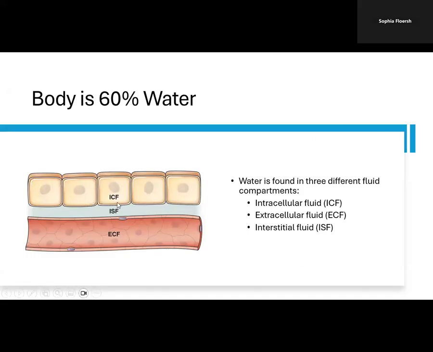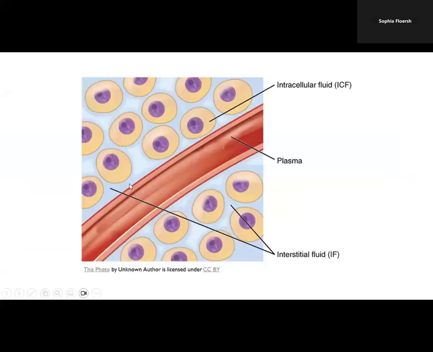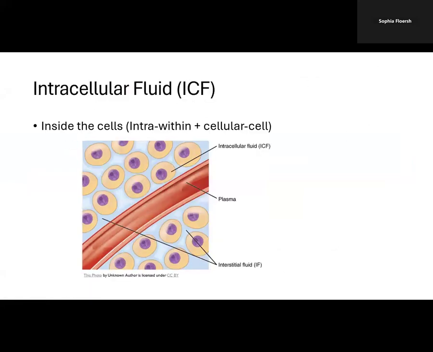We've got intracellular, inside the cell, extracellular, outside, and then interstitial, so you will have some fluid that's in between the cells. Intracellular fluid is inside the cells: intra, within, plus cellular, cells. So it literally is telling you inside cells. And you can see here, that's the fluid we're talking about.